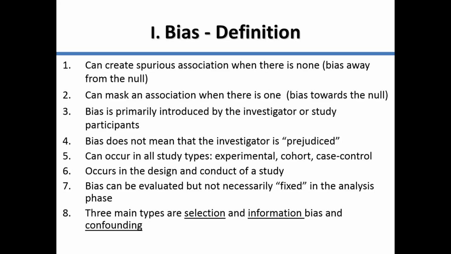Information bias is different. It's saying somebody said that you were exposed when you weren't exposed, or somebody said you had this disease when you didn't. That's information bias. Recall bias is one of the most famous kinds of information bias. You ask a case, were you exposed? Boy, they try hard. They have this condition and they are going to explain it one way or another, and they try real hard and come up with a different answer than they would have if they were in the control group.